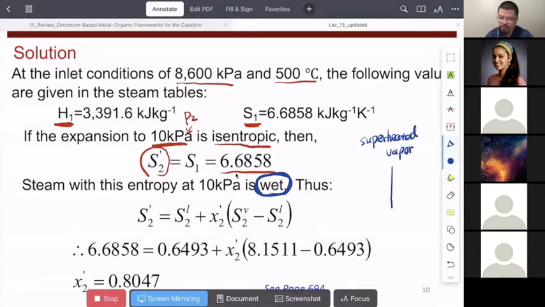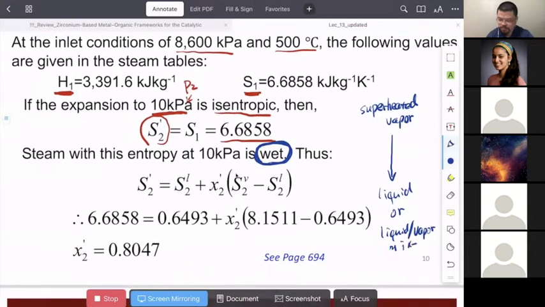But when you bring down the temperature and the pressure of the vapor, you don't know whether this will be pure liquid or a liquid-vapor mixture. You actually don't know that, and you need to determine whether this is the case. So we always have the assumption that we are going to have a liquid-vapor mixture.